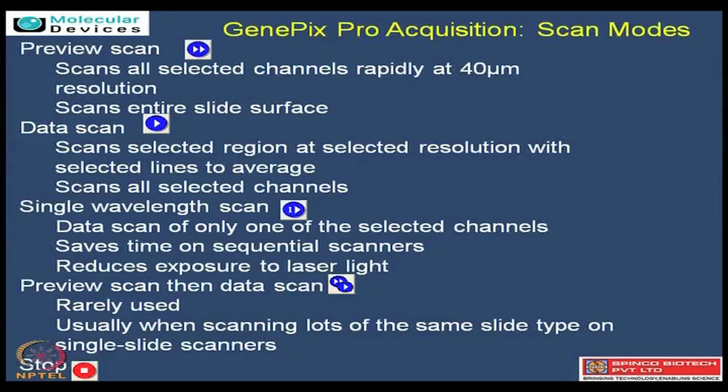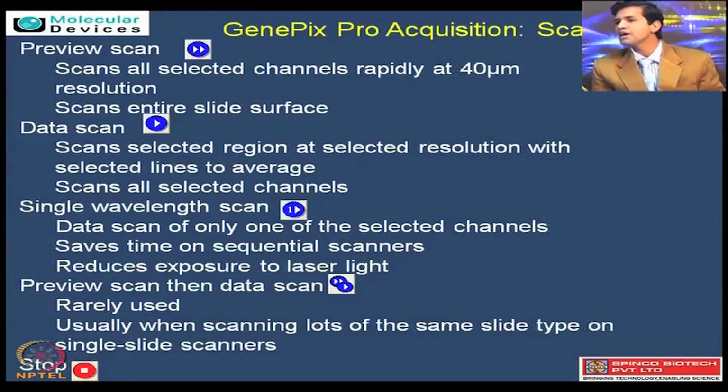The basic one in hardware control, as we said, is auto PMT and other adjustments. For that we use preview scan. There are different tabs which allow you to go for the true scan and the preview scan, based on which particular scan you are using with the laser.